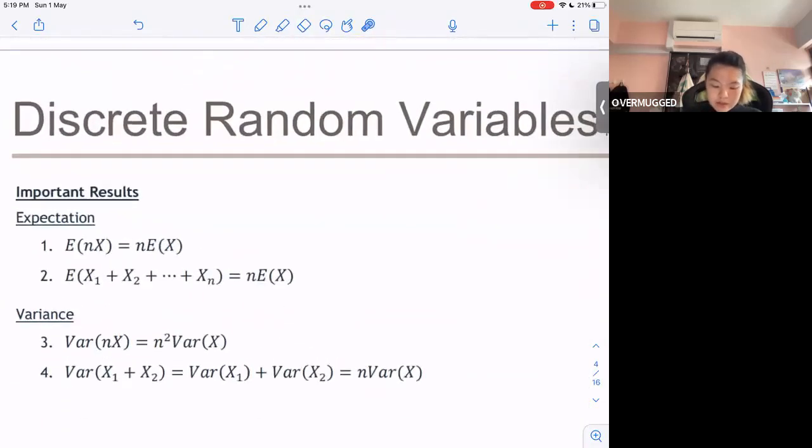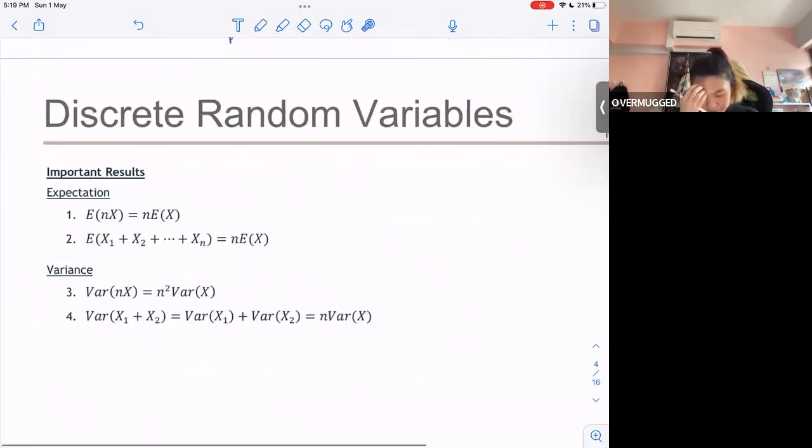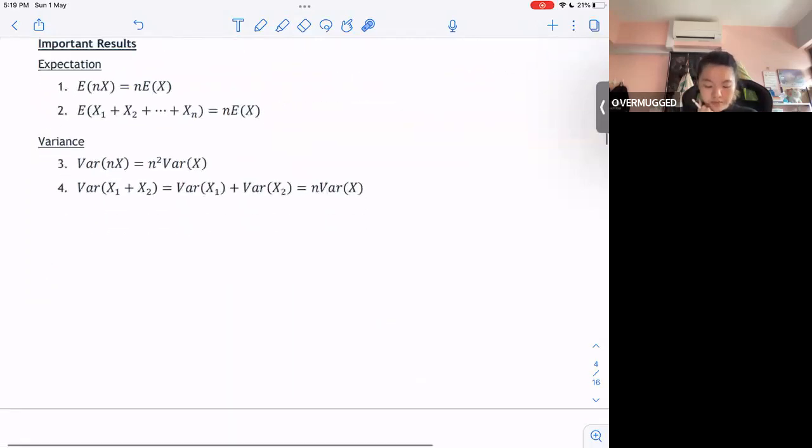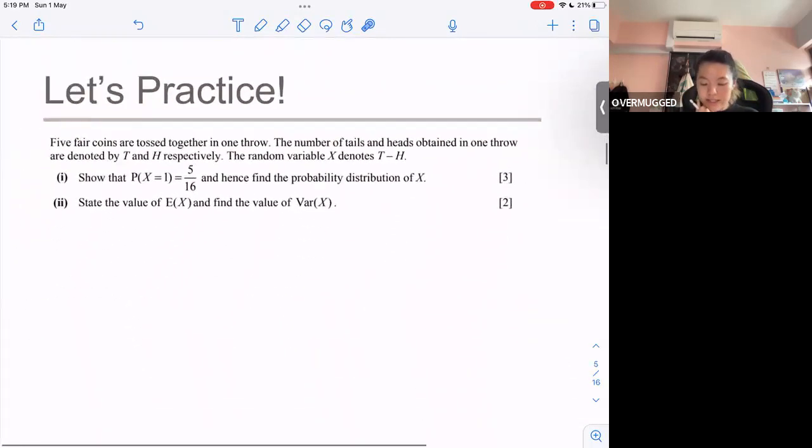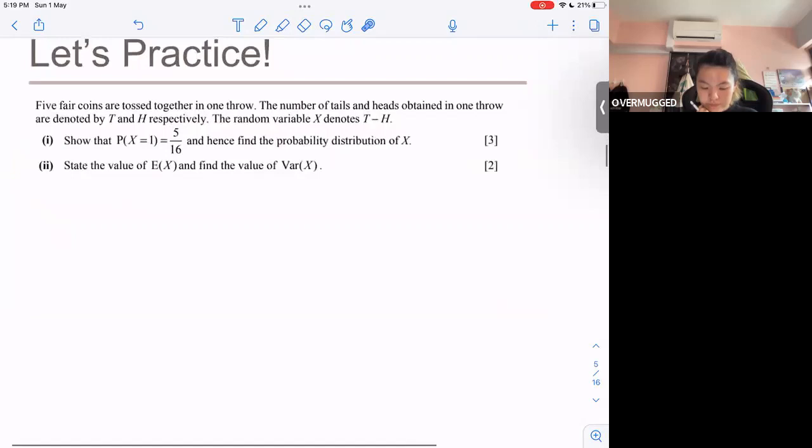So just now what I was describing is over here. These are the most important results for this chapter. And this chapter is super duper short. So let's try an example over here. I think this question is talking about the first part of your discrete random variables, where we figure out how to find the expectation and variance.